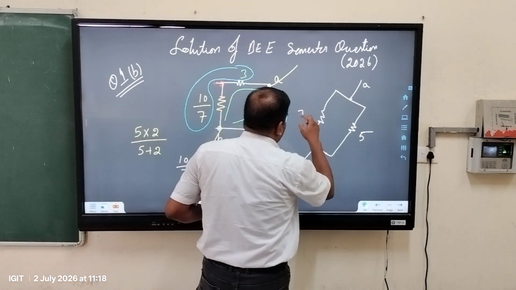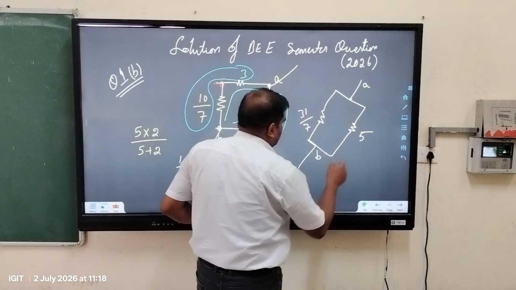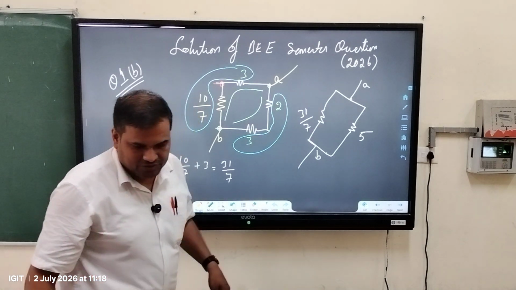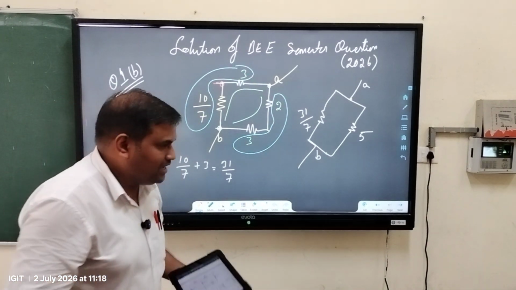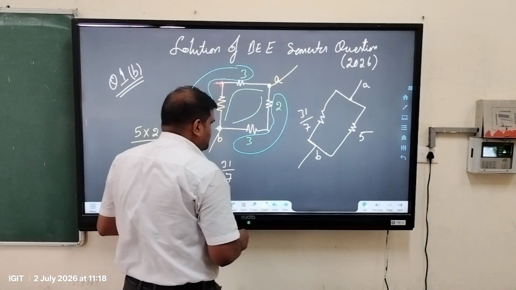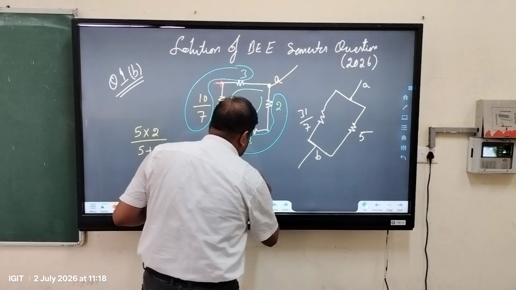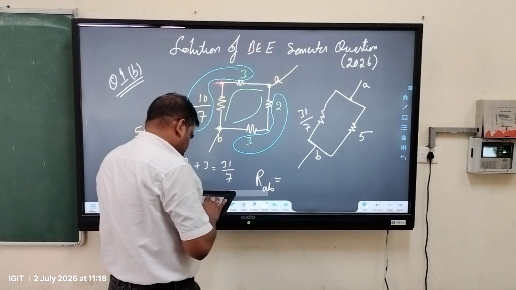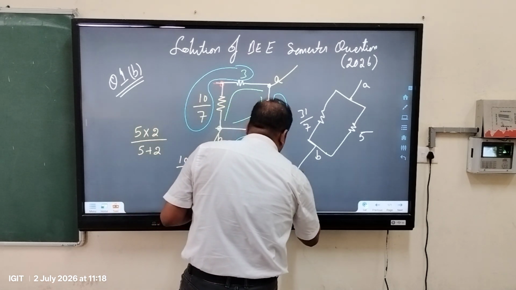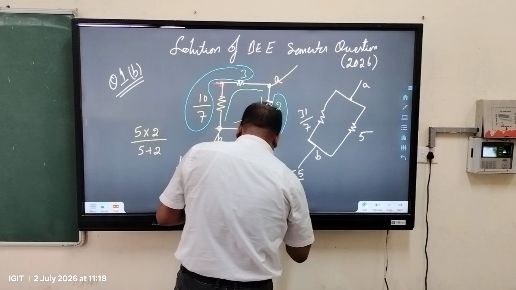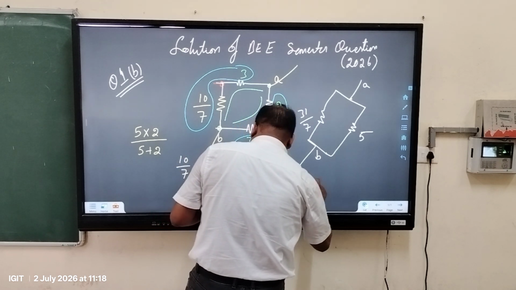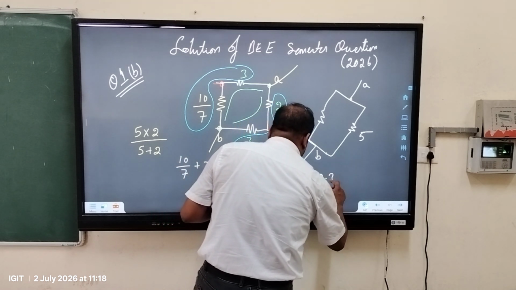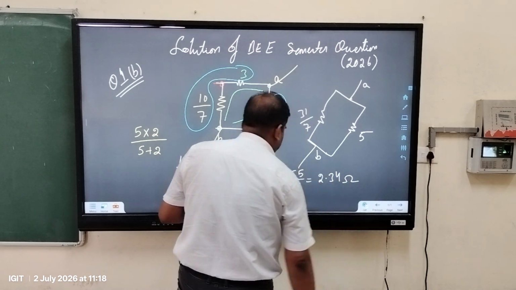So this side will be 31 by 7 and that will be 5. You can combine these two in parallel, multiply and find that the equivalent resistance RAB is coming around 155 divided by 66, which is equal to 2.34 ohm.